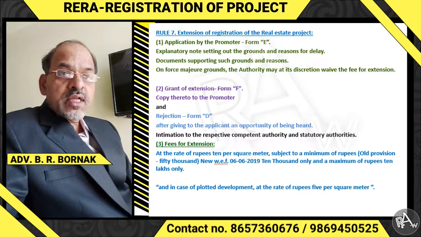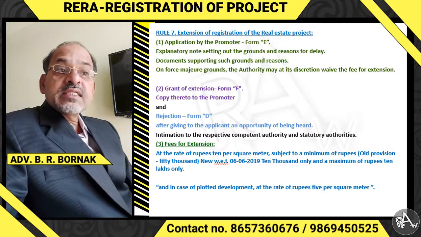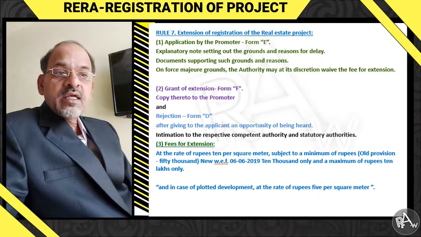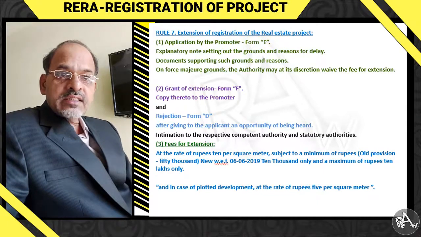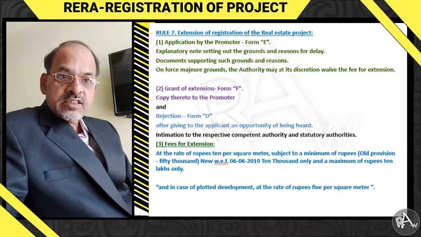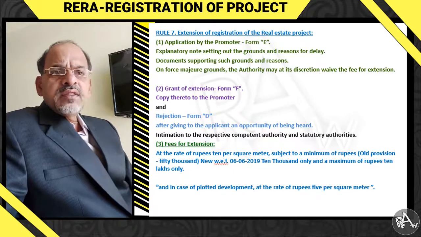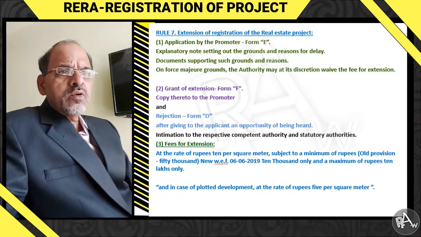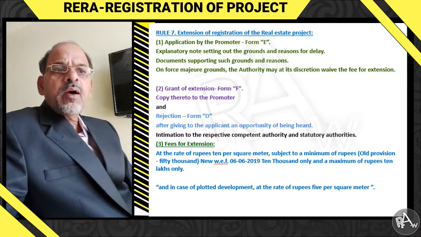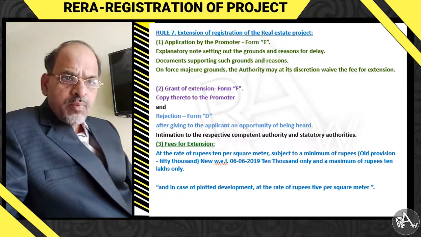On force majeure grounds, the authority may at its discretion waive the fee for extension. Here the authority has a discretionary power to waive the fees for extension. Then the authority can grant the extension by way of a letter in the prescribed form.